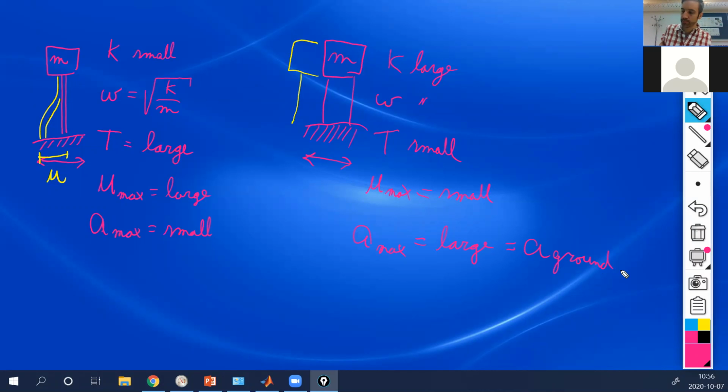Okay? So those are the two limit cases. If we have a very slender structure, then we have this condition here. If we have a very stiff structure, then we have this condition here, right?